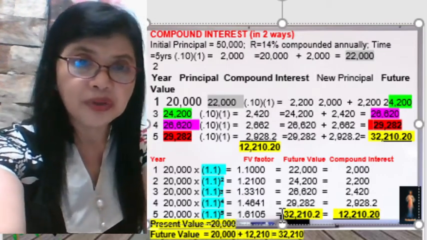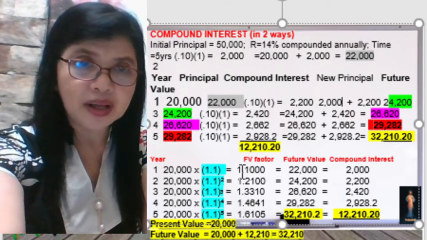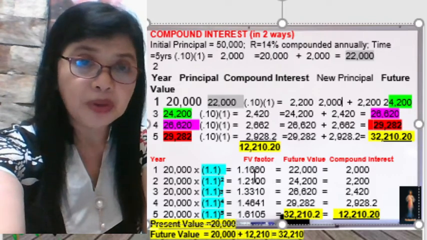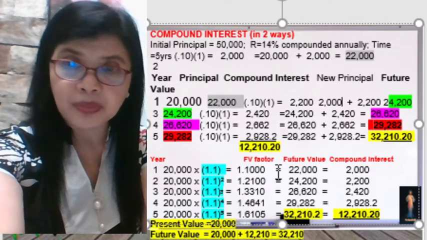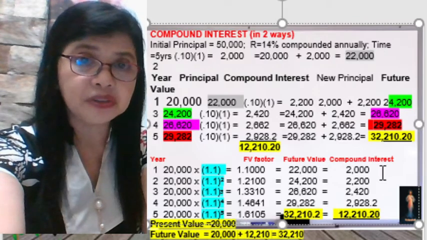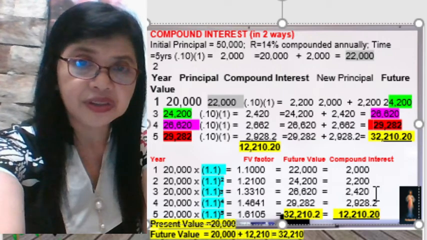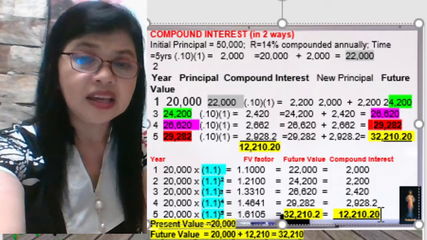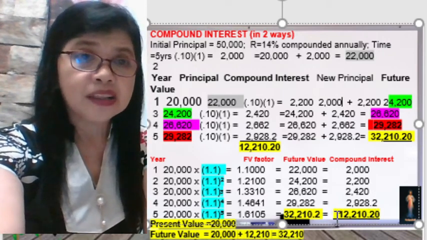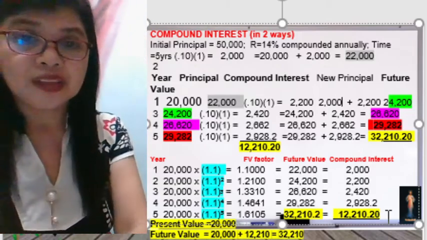You can also compute it this way: 20,000 times 1.10, the future value factor, so you earn 22,000. The compound interest is 2,000, the second year is 2,200, the third year is 2,420, until you get the 12,210 interest on the fifth year.